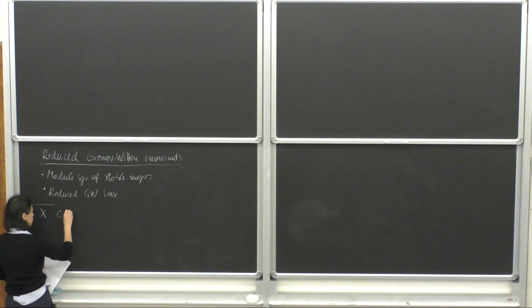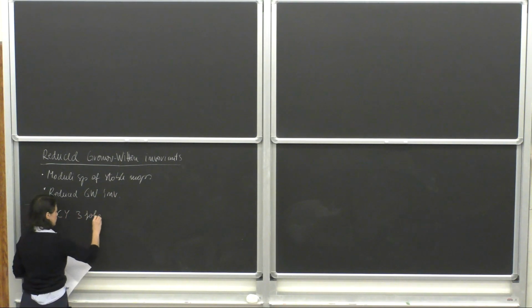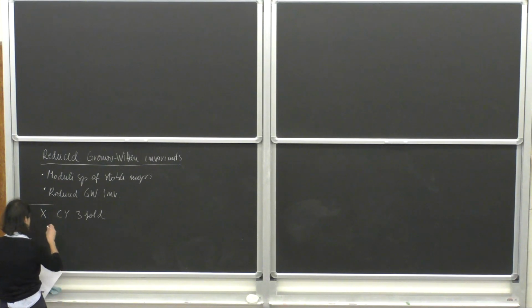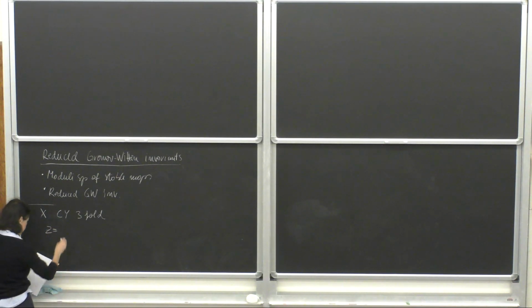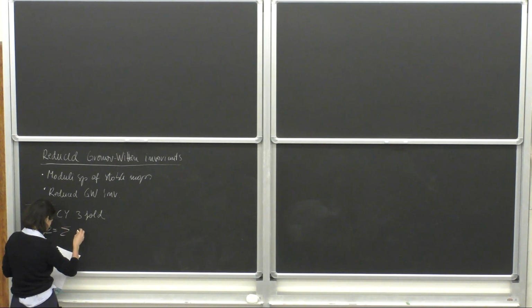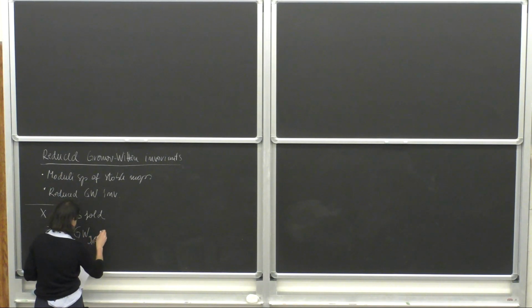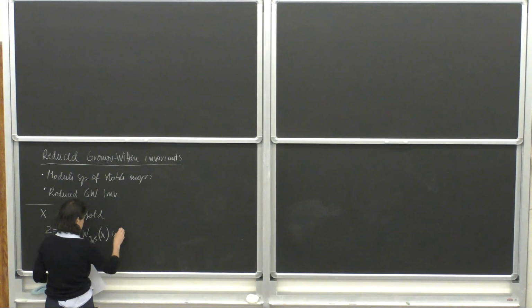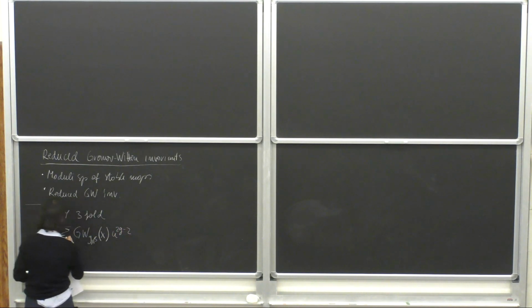So maybe I'm not sure, but I imagine that a setup that is familiar is that you may be interested in looking at X to be a Calabi-Yau threefold. And then I understood that this function has some... So I look at Gromov-Witten invariants of some X over G. I understood that this has a physical meaning that I don't know about.